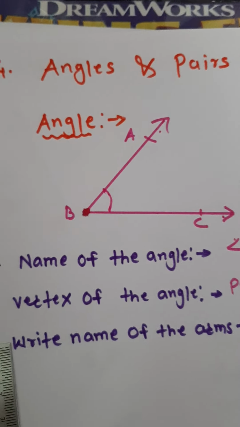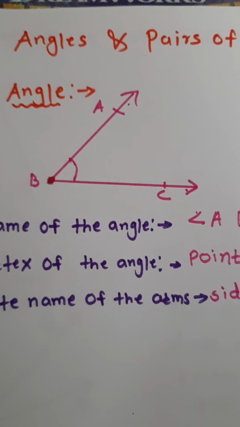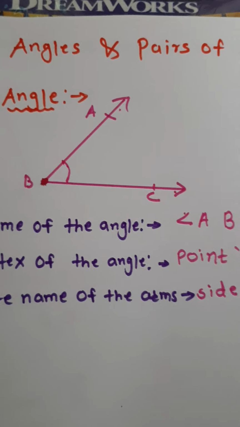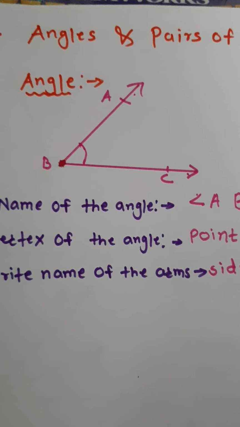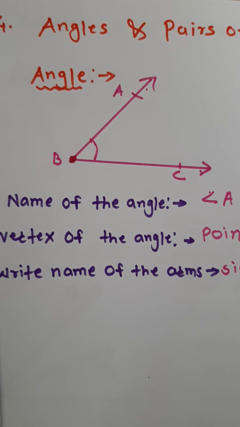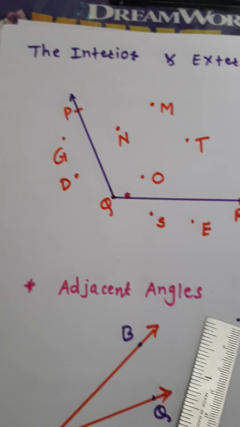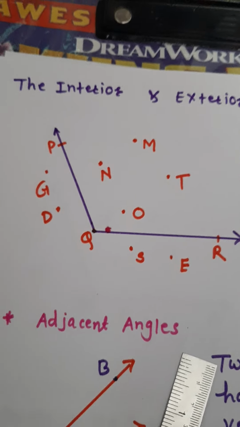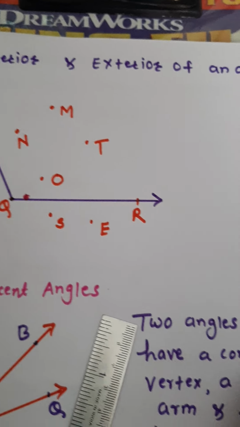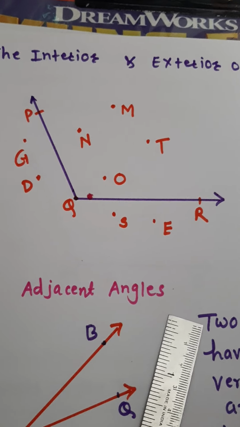So this is about the angle. Hope it is clear to everyone how to read the name of the angle, vertex of the angle and names of the arms.